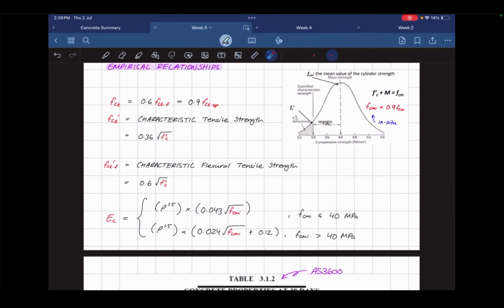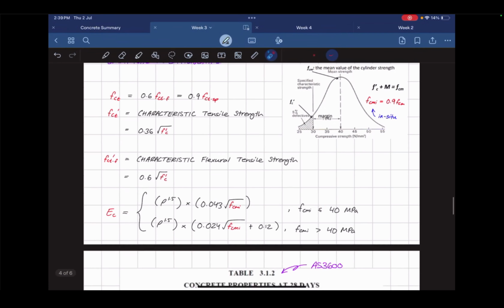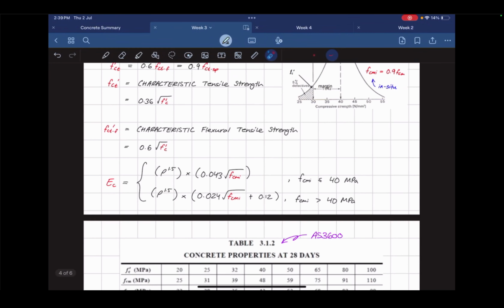Oh, at 28 days is the strongest, isn't it? So why use the strongest? It's theory. I'm trying to explain it, but I can't even explain it because I actually don't know.